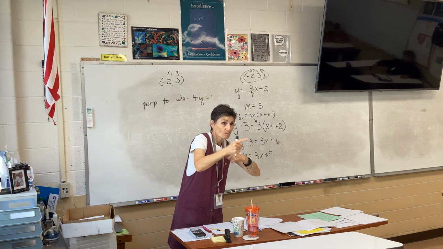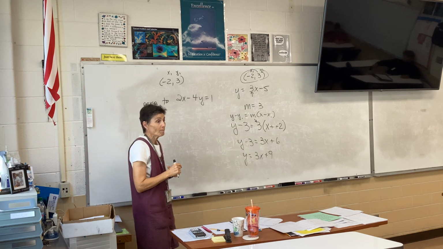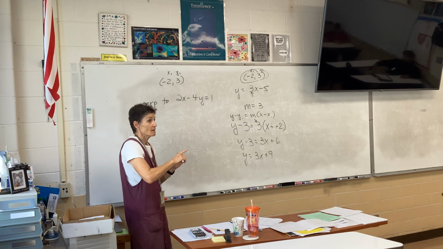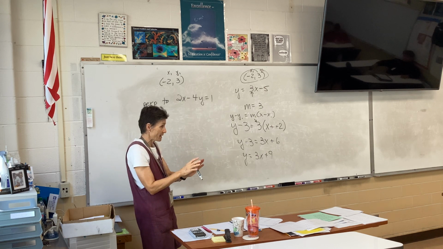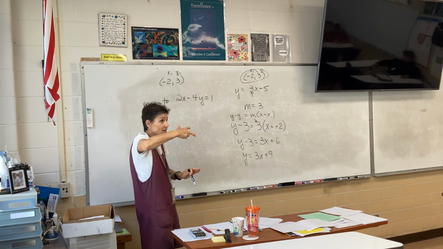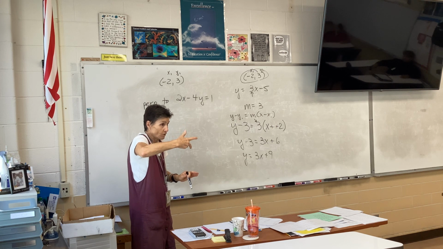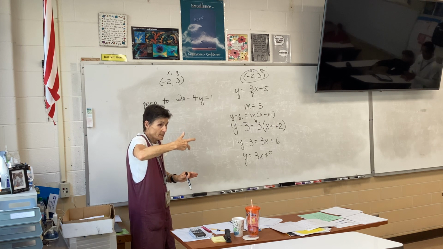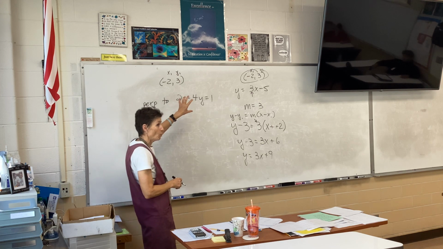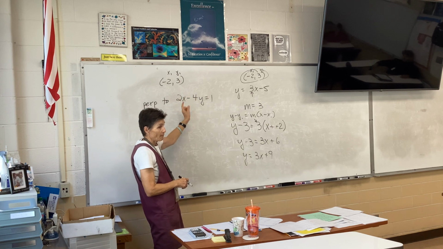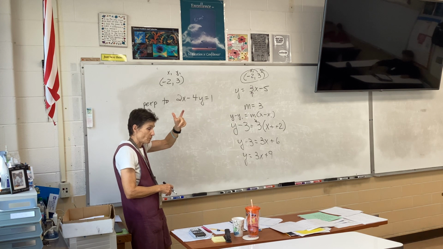Opposite reciprocal. So perpendicular slopes are opposite. So if the original is positive, it's going to be negative and vice versa. And you flip it over. Okay? All right, so I know I need to take whatever the slope of this line is. I'm going to change its sign and flip it over.